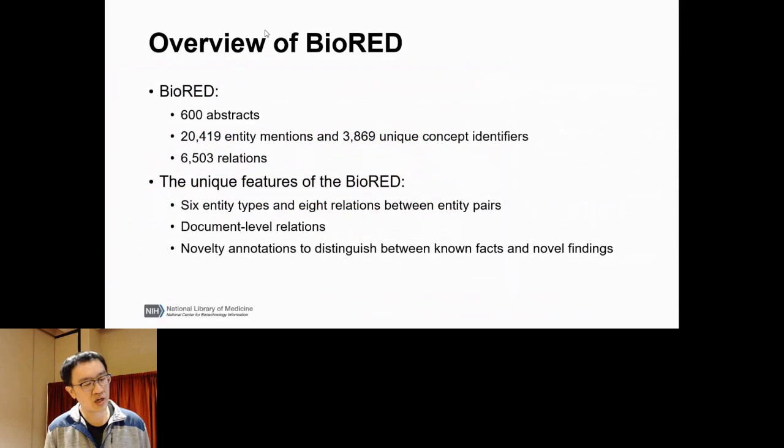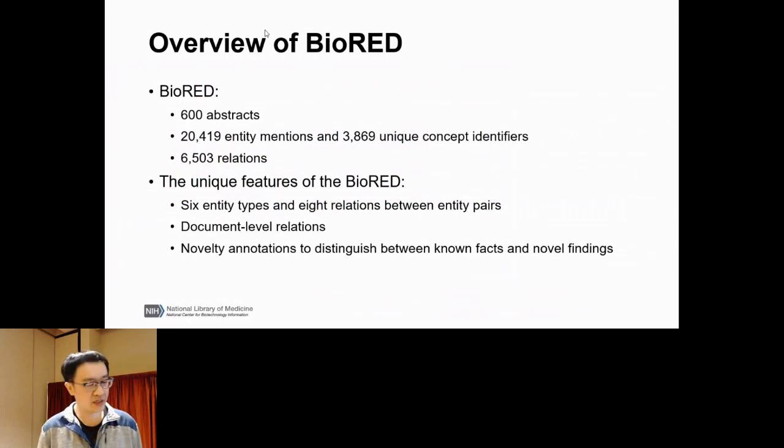So in this work, we propose a new dataset, BioRED. It consists of 600 abstracts and contains rich entities and relations. We summarize the 3 unique features of BioRED. The first is it contains 6 entity types and 8 relation types between different entity pairs.